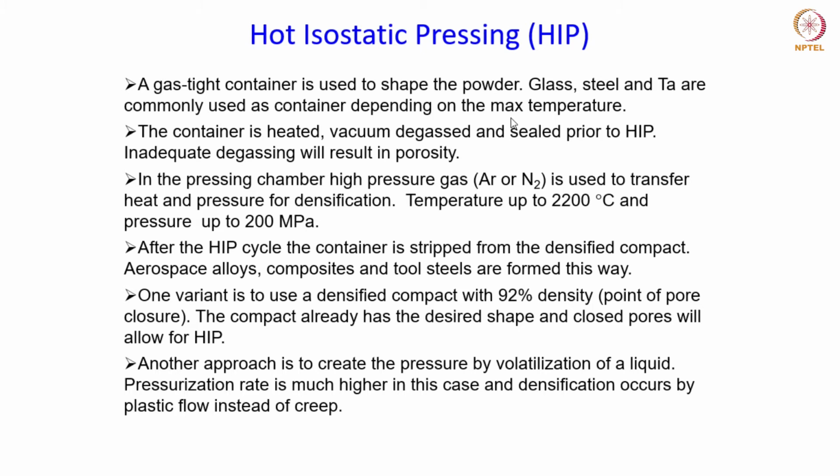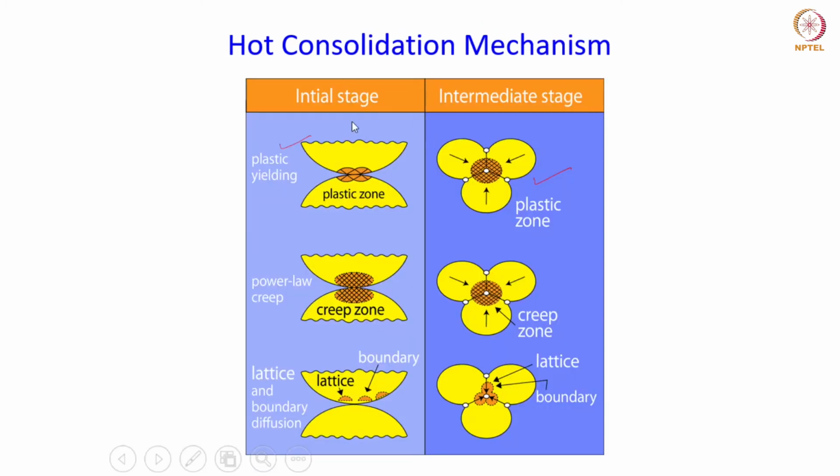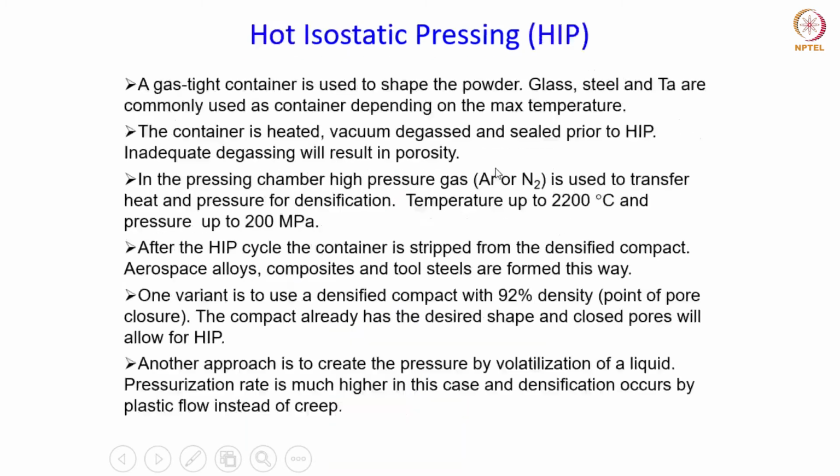We have seen that when the stress is high and exceeds the yield strength of the material, then plastic deformation will begin and densification will occur by plastic flow. That is what is going to happen when the pressurization is done by volatilization of a liquid, because here it achieves a higher pressure and therefore the densification occurs by plastic flow instead of creep.